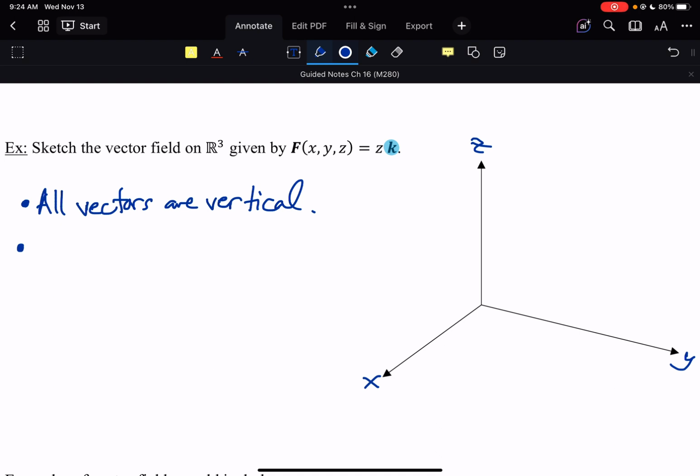In terms of whether they point up or down, that is where the z component comes in. The numerical value of z changes as we go up and down the z-axis.